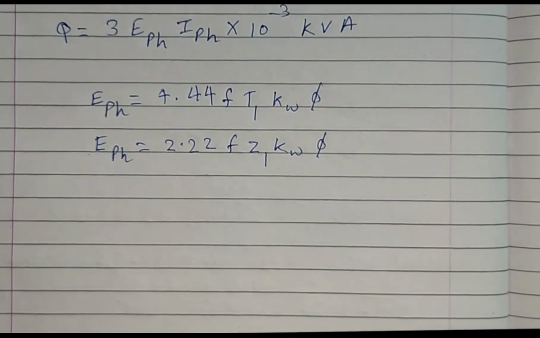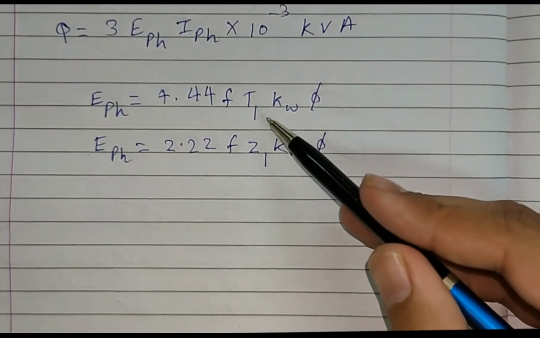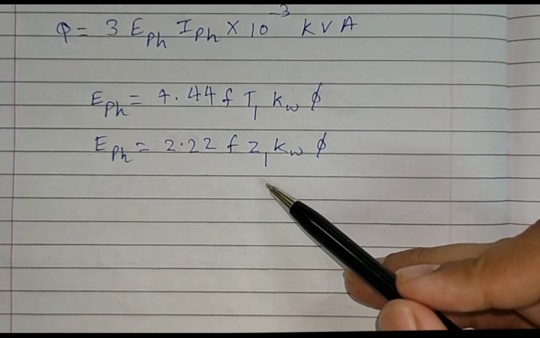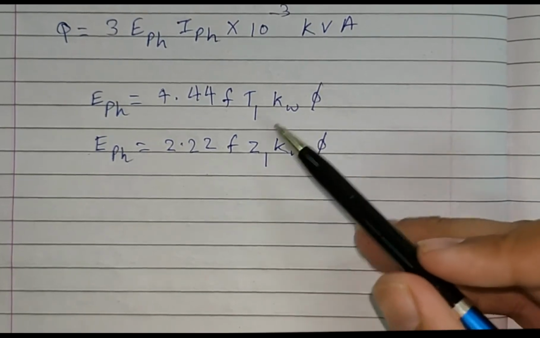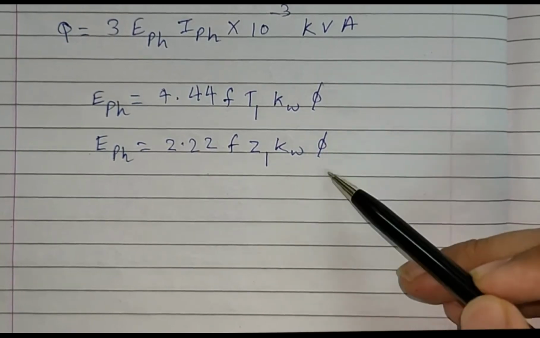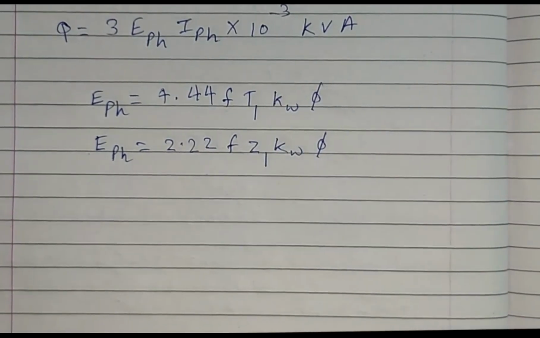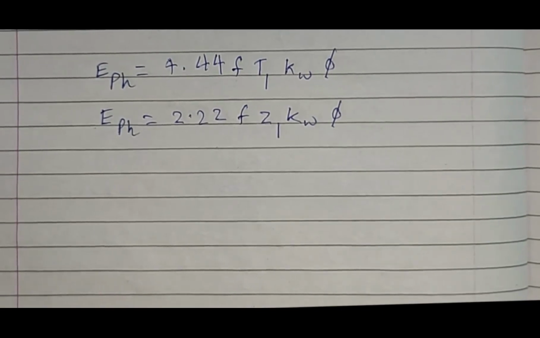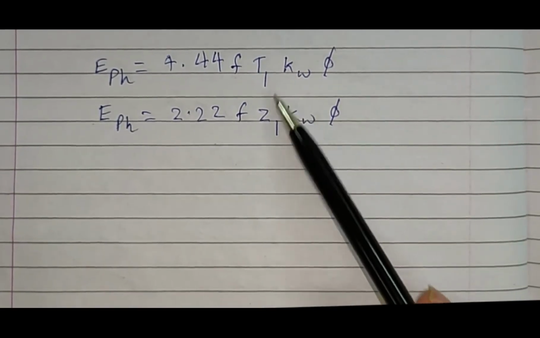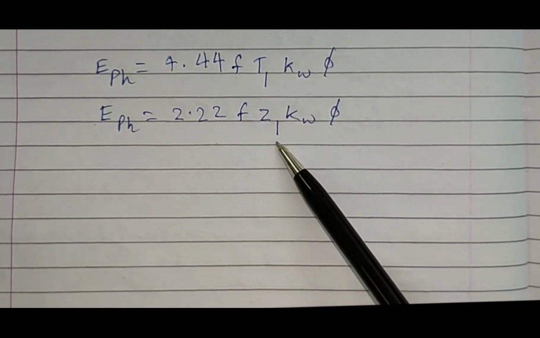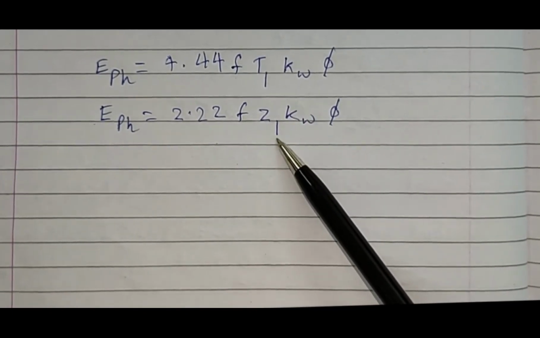Here T1 is the number of turns and Z1 is the number of conductors. So we are changing the number of turns to number of conductors. The winding factor, the flux and the frequency remain as they are. Also keep in mind that T1 and Z1 are considered per phase.